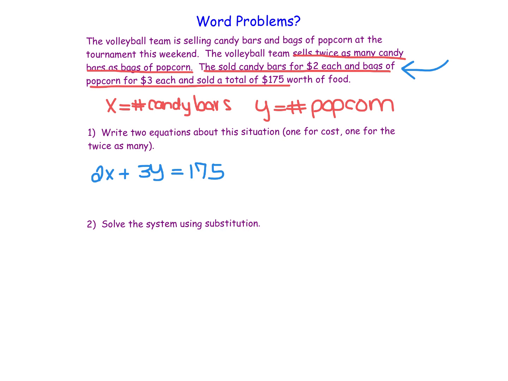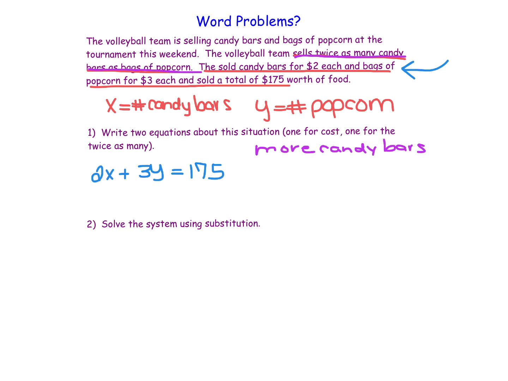Now the second equation here is a little bit more difficult to see, and it actually stems from this detail in the second sentence, where it says that the volleyball team sells twice as many candy bars as bags of popcorn. So if I start to break this down, twice as many candy bars means that I sold more candy bars. That's the first thing I need to remember.